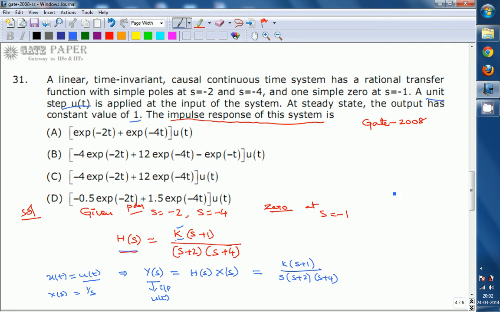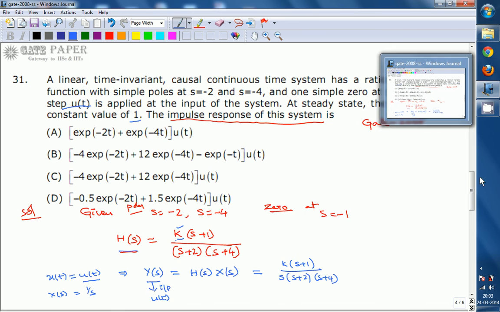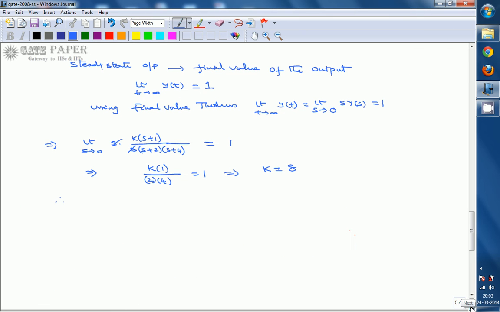So by substituting that K value here, we will get H of s equals 8 into s plus 1 divided by s plus 2 into s plus 4.